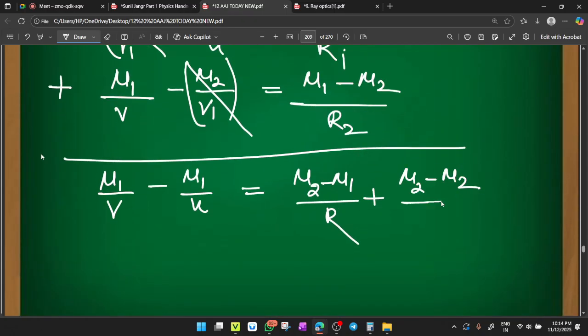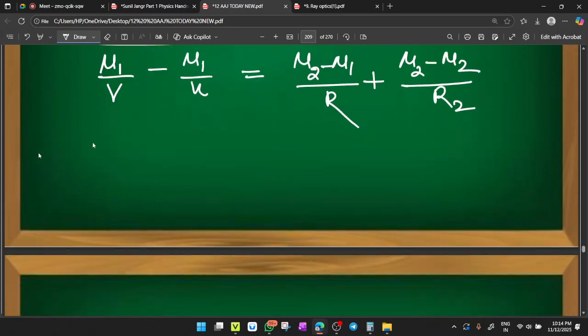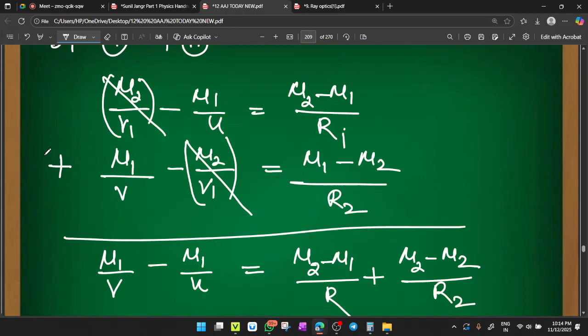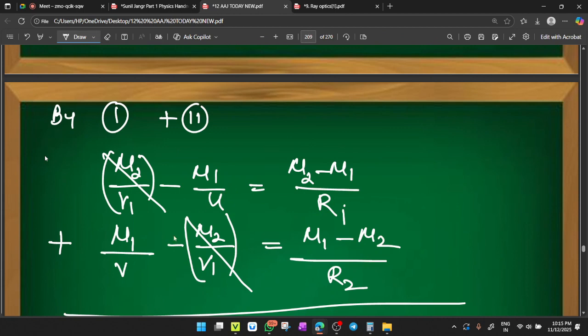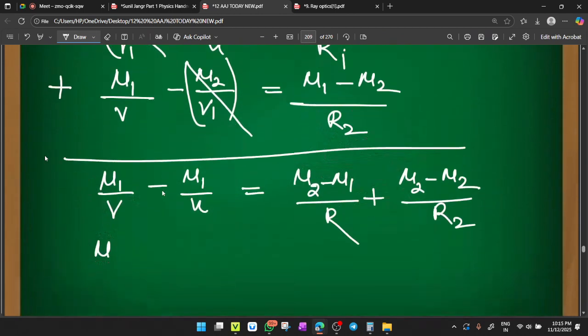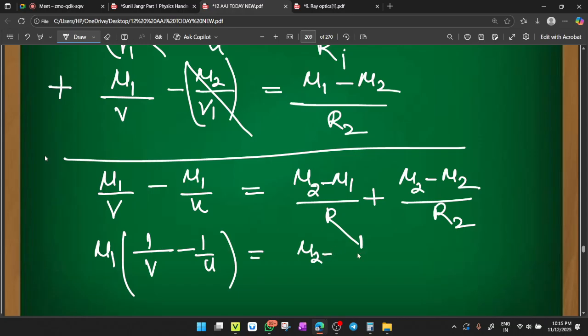Clear, beta? So mu1 upon v minus mu1 upon u. So mu1 you can take common: 1 upon v minus 1 upon u equals, you check please, mu2 minus mu1 upon r1.